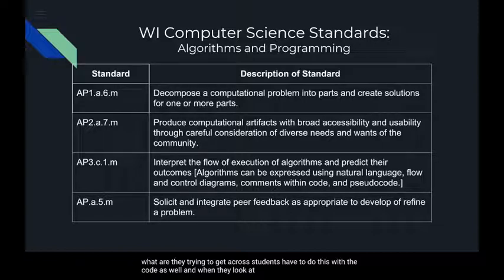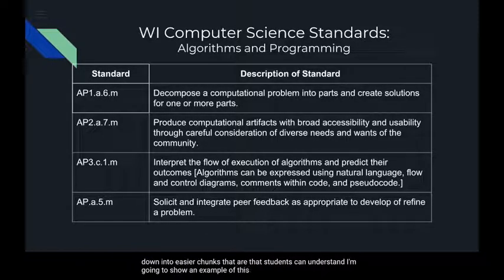And when they look at algorithms, they need to think about why a programmer would have written or used the algorithm that they used. When we interpret the flow of algorithms, students can either use natural language, which is essentially what I'm using and what we use in our annotation when we just write normal, standard English. Flow and control diagrams break it down into easier chunks that students can understand.